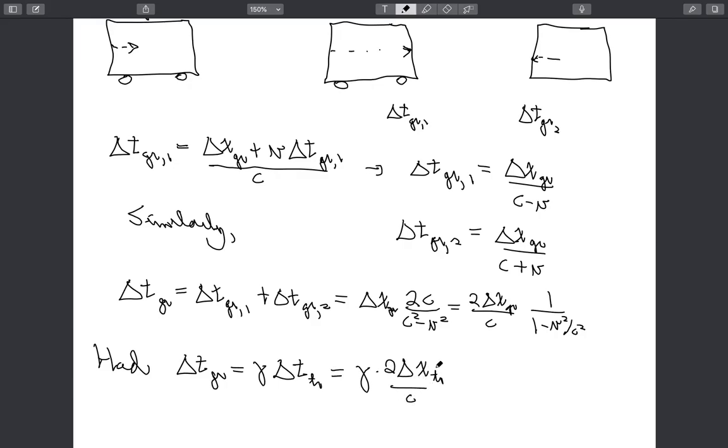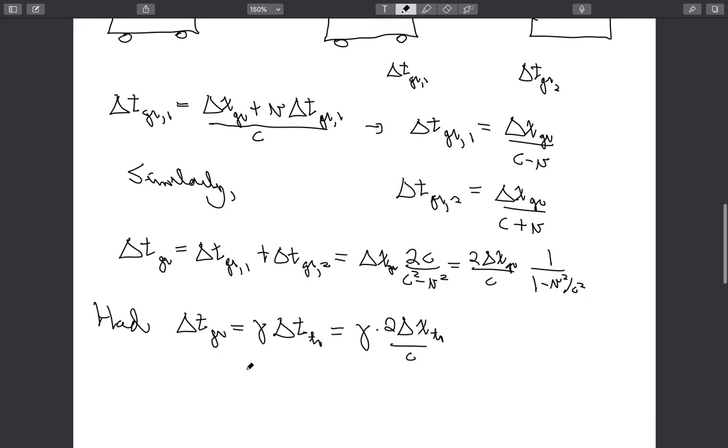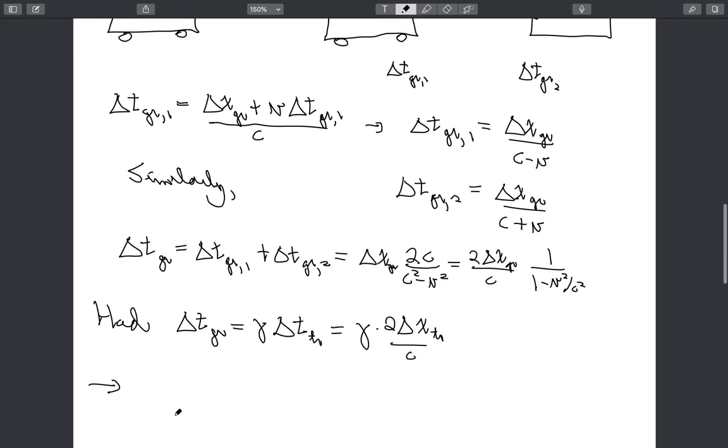So if I just put these two together, what it tells me is that the delta x on the train is going to be equal to gamma times the delta x on the ground.